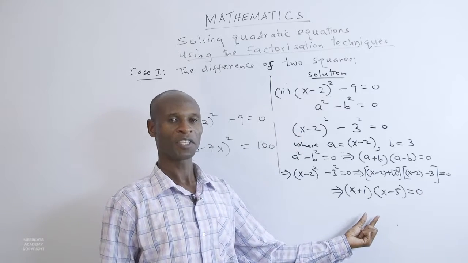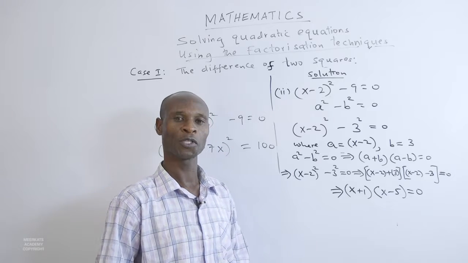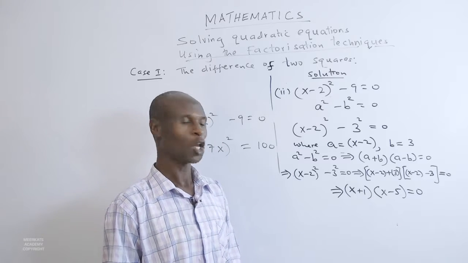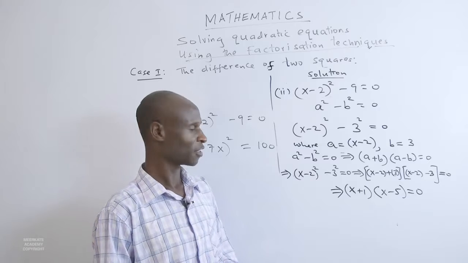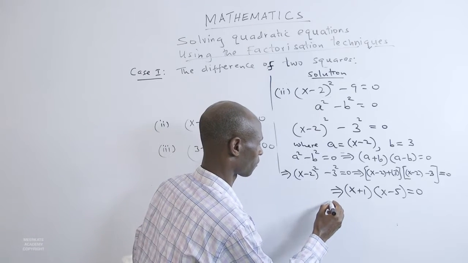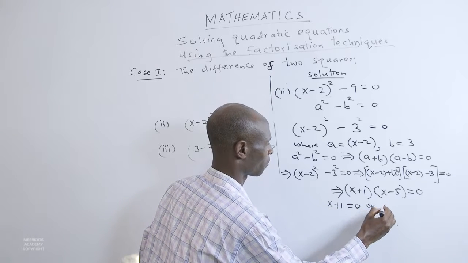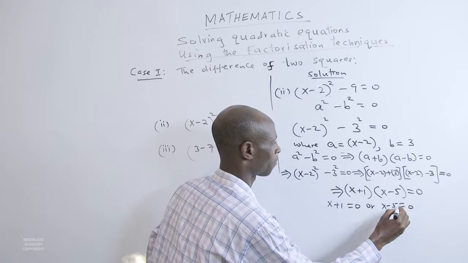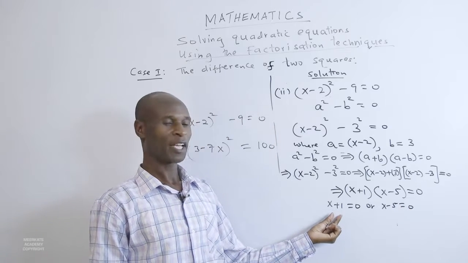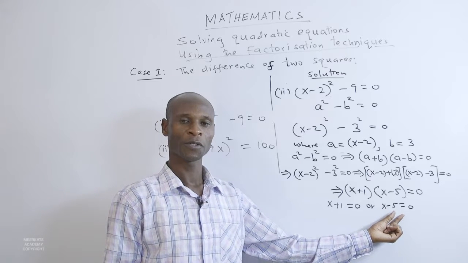So at this point, we have two linear factors. We can use the null factor law to find the value of x. So that means x plus 1 is equal to 0, or x minus 5 is equal to 0.